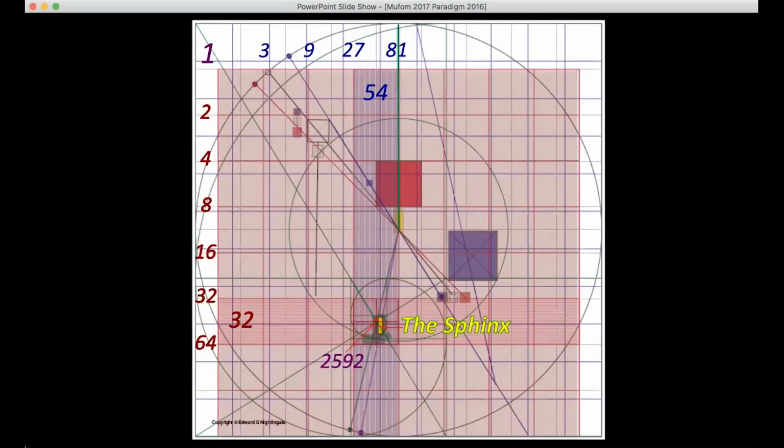This is the 4th square from left to right, and it's the 3rd square up from the bottom. Where these units are divided, at the top it would be between 27 and 81. So in between those two, there are 54 intervals or divisions between 27 and 81.